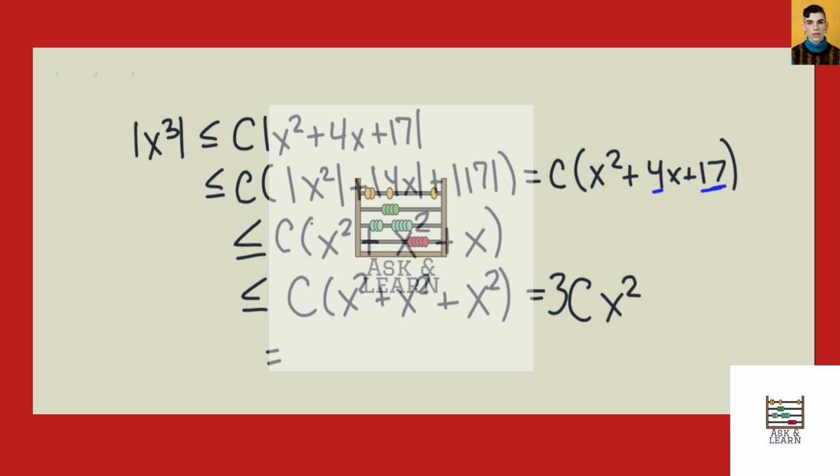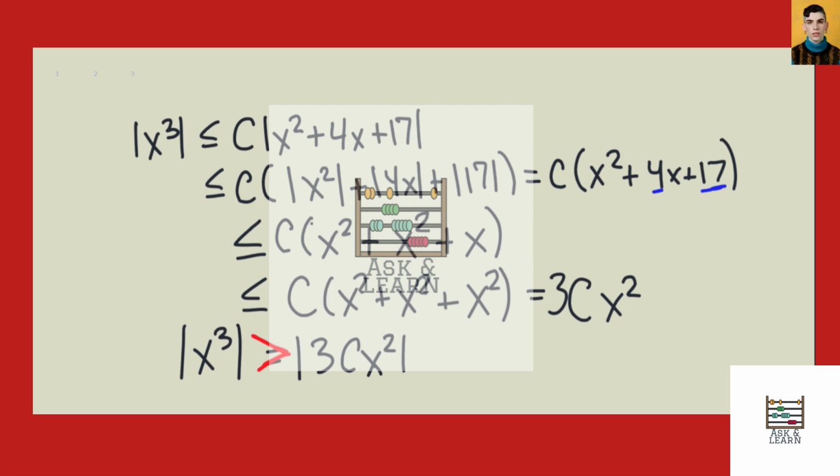So just equal to 3cx squared, but we have a contradiction, right? Because the absolute value of x cubed isn't less than, it's actually greater than, and not equal to, it's actually going to be strictly greater than. So this is where the contradiction is.